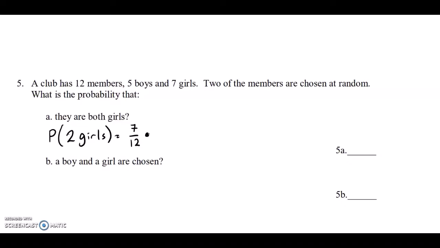But we've already chosen one girl, so we have one less girl and one less member. And when you're multiplying fractions, we could multiply across, but it's always easier, I think, to work with smaller numbers. So here we can divide those out, which means we have 7 out of 22.